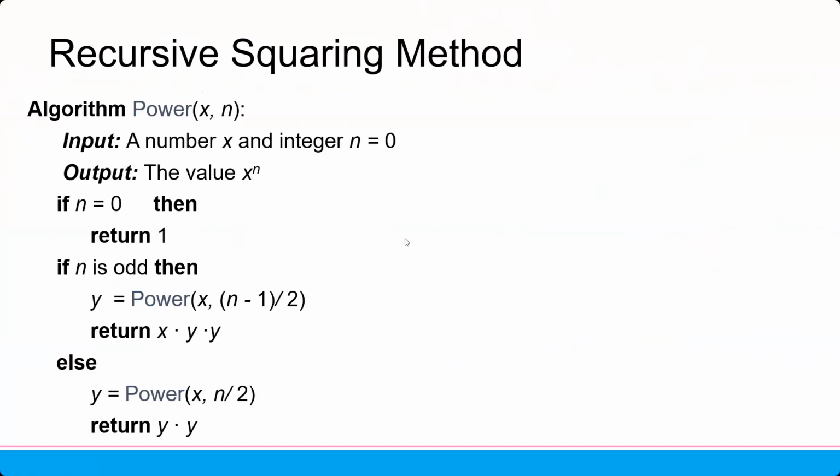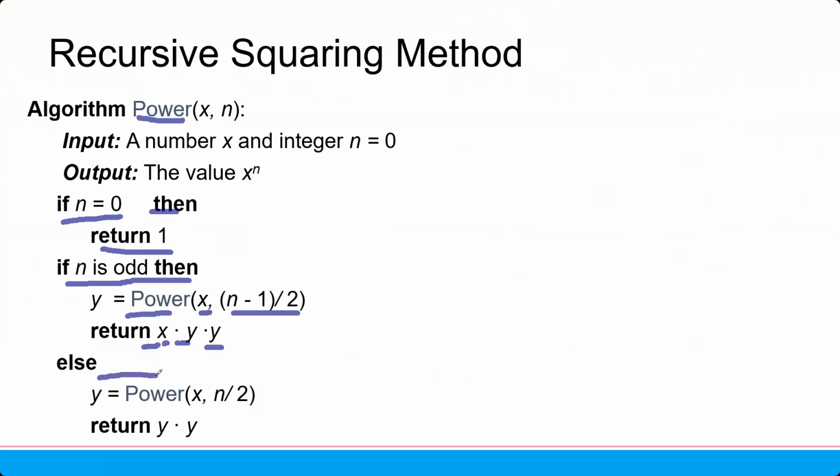So the algorithm will be something like this. If n is 0, then return 1. If n is odd, then we have power(x, (n minus 1) divided by 2), and the return will be x multiplied by y multiplied by y.